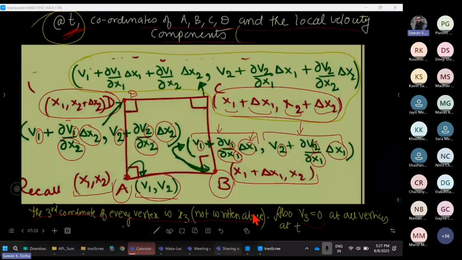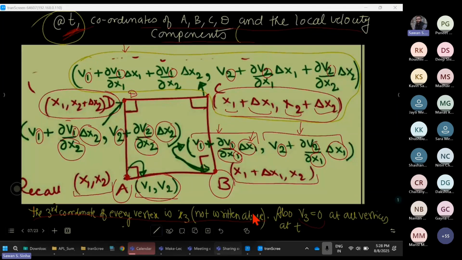I have written the coordinates of C and the velocity components of C also. We will not need it for our derivation, but just for the sake of completion, I have written these details for C also. So for C, first component of velocity, second component of velocity. Okay.